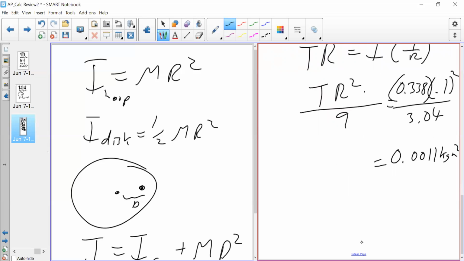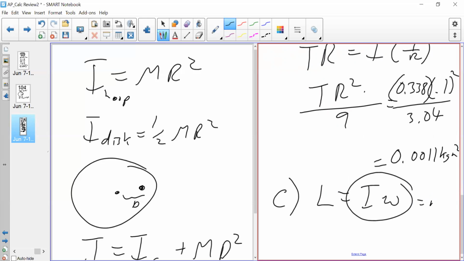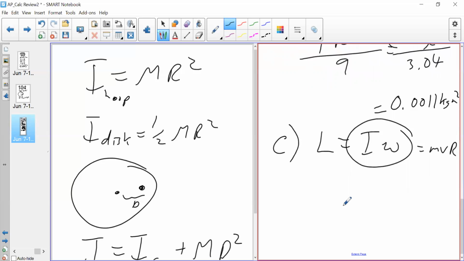And that's why I was saying angular momentum. There are two equations for angular momentum. I omega is for a rotating object, and m v r is for a point mass. In this situation, we have an object moving around a circle with a particular momentum, where p equals m v, and angular momentum is the cross product of the radius and the momentum, R cross P, technically curling the radius into the momentum.